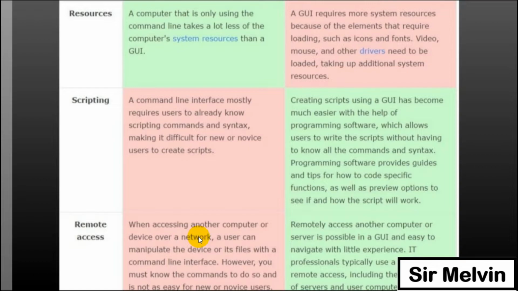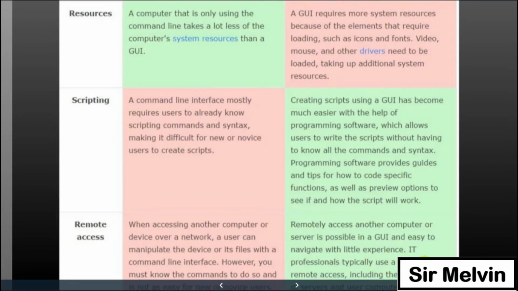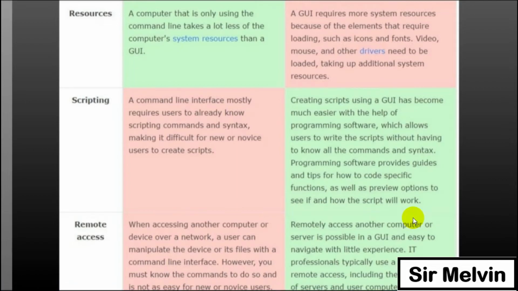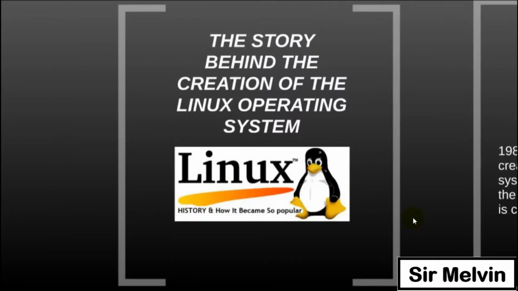In GUI, remotely accessing another computer or server is possible and easy to navigate with little experience. IT professionals typically use a GUI for remote access, including the management of servers and user computers.